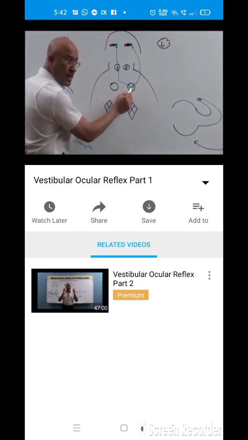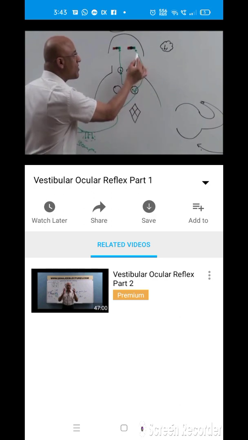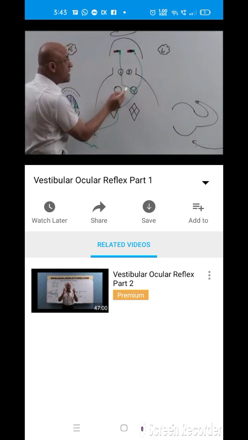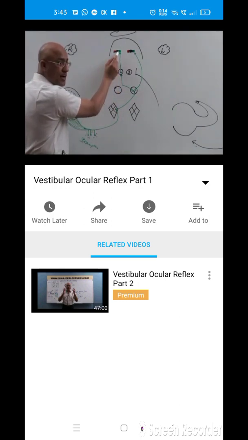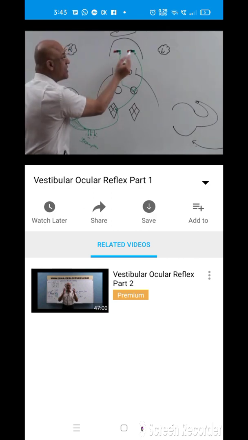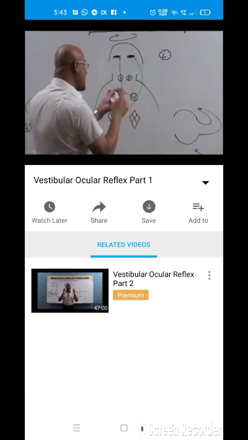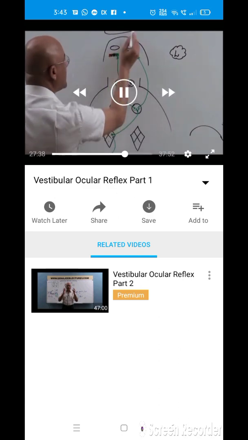The left abducens. And the left abducens, number one, directly stimulates the left lateral rectus through the sixth nerve, and through the interneurons stimulates the right oculomotor nerve to stimulate the medial rectus of the right eye. When these two muscles are stimulated, what will happen? The eyes will deviate to the left side. I will show it like this.